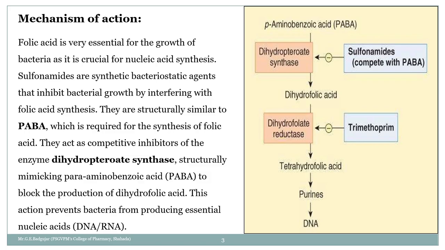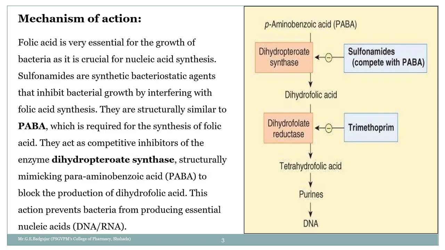The para-aminobenzoic acid is converted into dihydrofolic acid with the help of dihydropteroate synthase enzyme. This dihydrofolic acid is further converted into tetrahydrofolic acid with the help of the enzyme dihydrofolate reductase. This tetrahydrofolic acid is utilized for the synthesis of purines and essential nucleic acids, that is DNA or RNA. And this is how bacterial growth occurs.